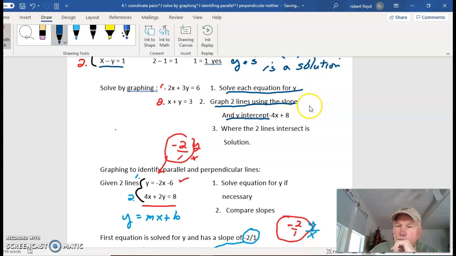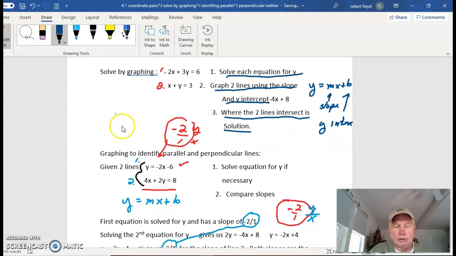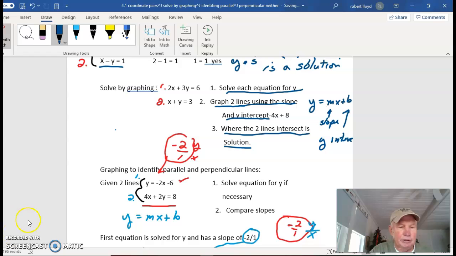You solve for y so you get it in this form, where m is the slope and b is the y-intercept, where you're going to start. And where the two lines intersect is going to be your solution. So let's cover that right now, and then we'll come back to this one.